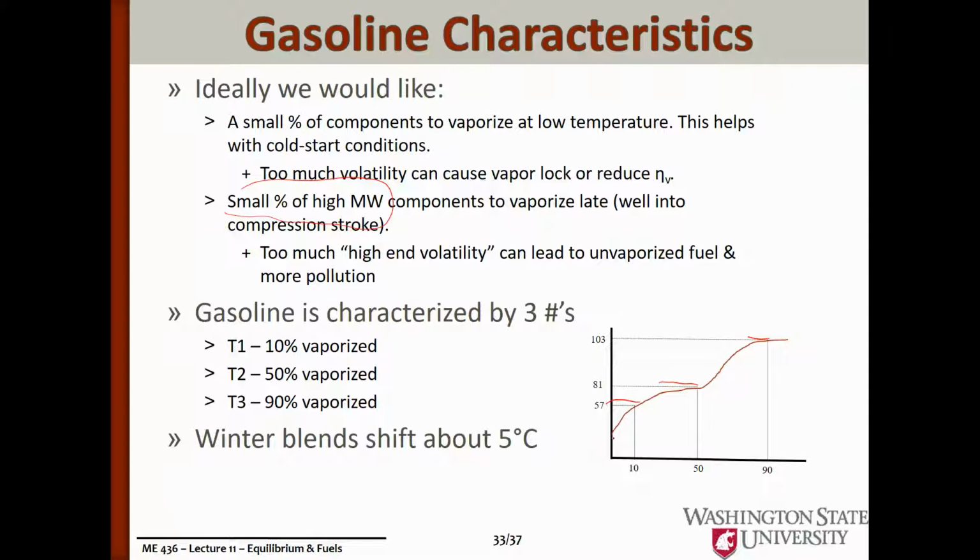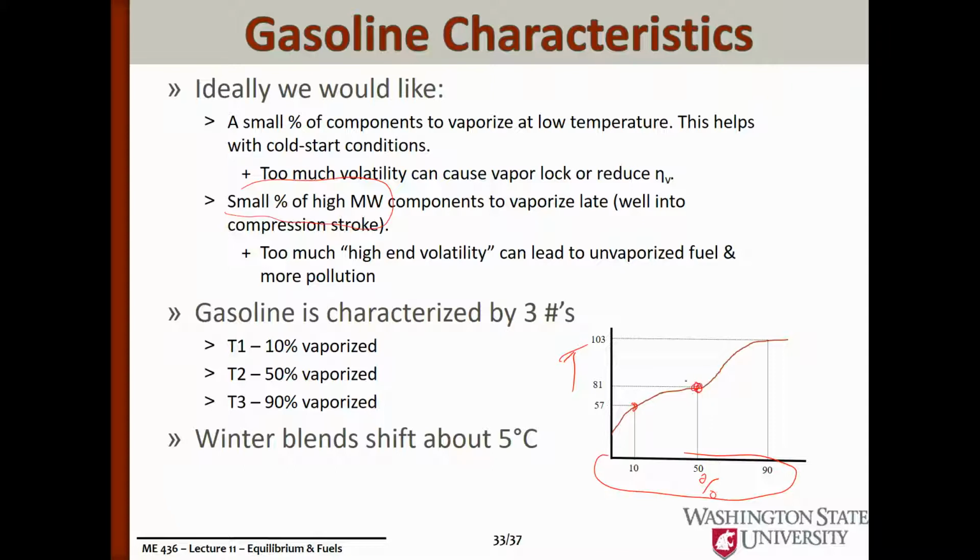Given the mix of the fuel, some percentage of the fuel is going to evaporate at different temperatures. What this is showing on the bottom axis is what percent of the fuel is evaporated, and on this axis it's the temperature. So for this particular fuel, at 57 degrees, 10% of the fuel will evaporate.